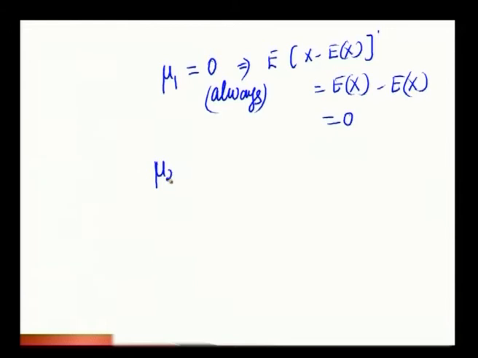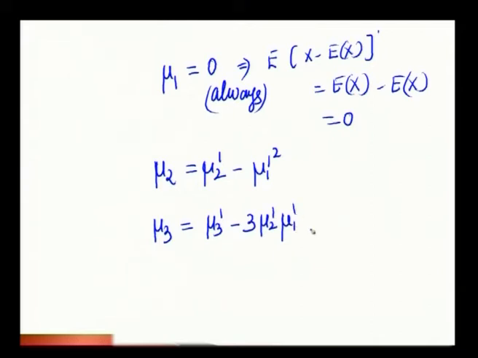Mu 2 is the second central moment, and the formula relating central moment and raw moment is mu 2 dash minus mu 1 dash square. The third central moment mu 3 is equal to mu 3 dash minus 3 mu 2 dash mu 1 dash plus 2 mu 1 dash cube.